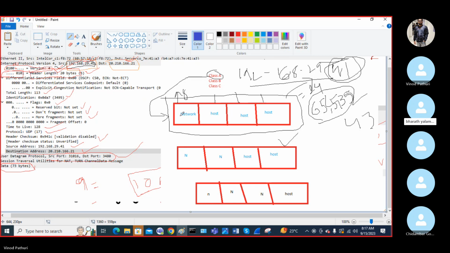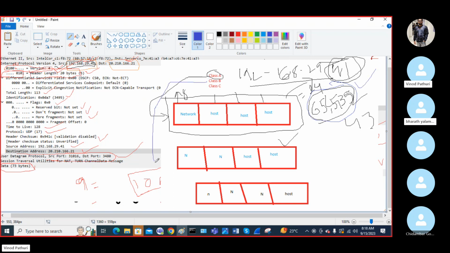So you have one network octet and 3 host octets, which gives you the flexibility to connect more hosts. Just don't go deeper. I'm just telling you the difference between all the classes first before going to the numbers. So it is 65,535 hosts we can connect here.